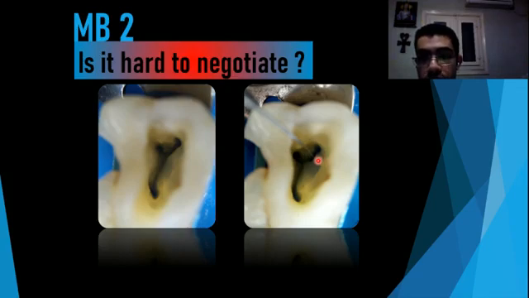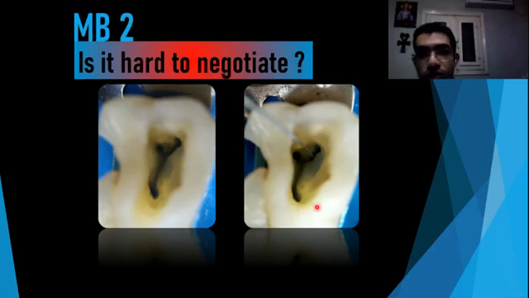After feeling this catch, you start to force and introduce the file in order to advance more inside the second mesobuccal canal, and you end up with file separation inside this canal. You get surprised that every time you start to negotiate this canal, the file gets separated. So what is the right way to negotiate this canal without file separation?